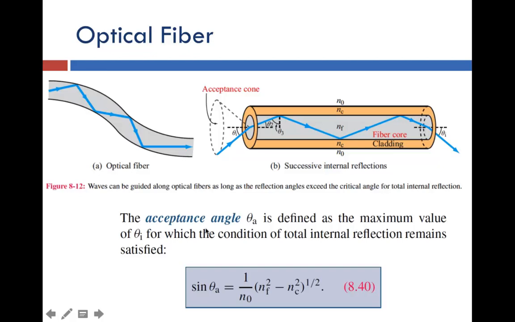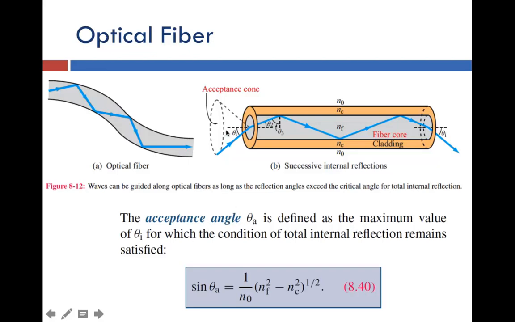And with a little bit of applying Snell's law twice, once here at the critical angle, and then the application of Snell's law here and the relationship of theta incident to theta 2 and hence theta 3, we can come up with a relationship that defines something known as the acceptance angle.